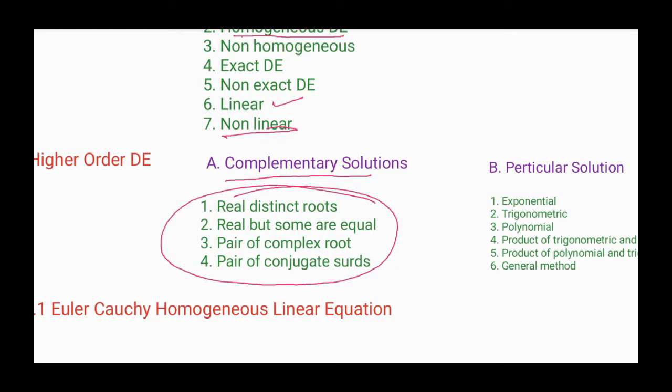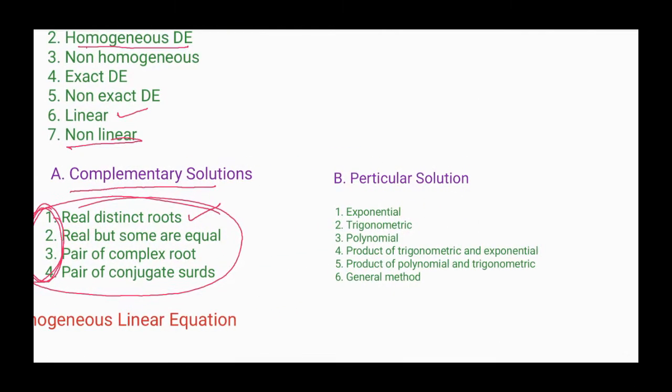Suppose we are getting real distinct roots, so what will be the solution. Similarly 4 combinations, 4 variations are here. In the particular solution there are similar types of methods or combinations here.